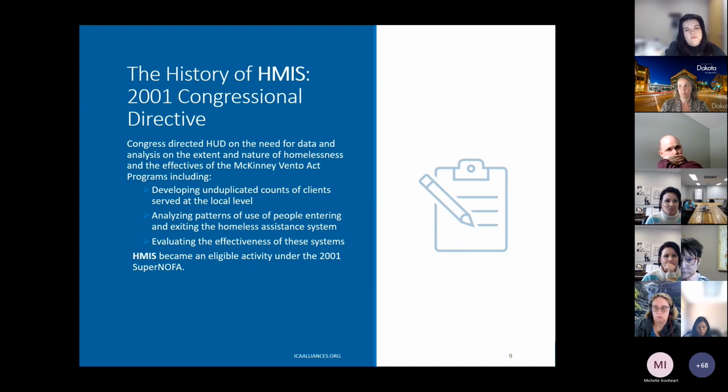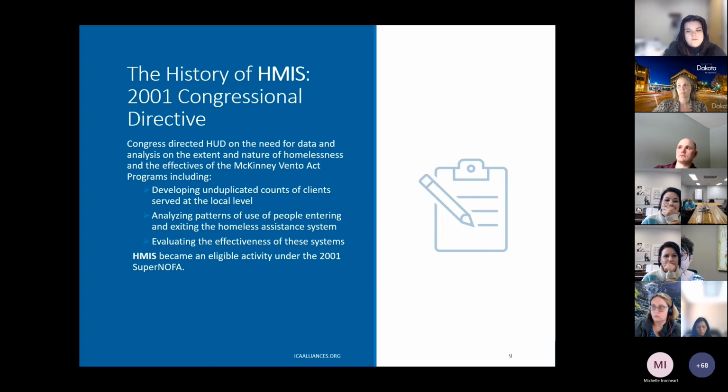Why are people entering, where are they entering at, where are they exiting to, and then evaluate the effectiveness of the system, right? So I always say, if you're funding a program that gets, say, $100,000, we'll act like that's a lot of money, and they are providing services to clients, and their number one goal is to get people housed, but they're not able to get people housed, and they're staying in their program for case management but never have a move-in date to permanent supportive housing.